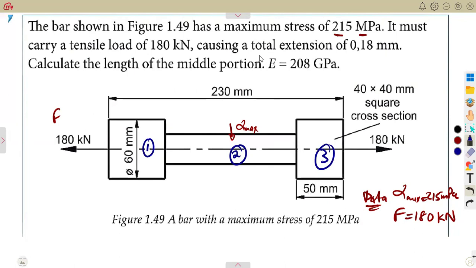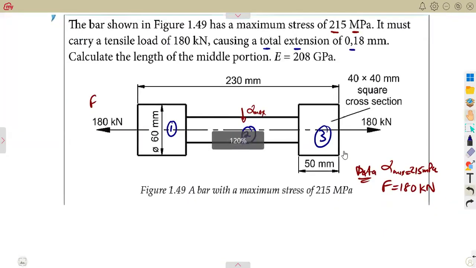Causing a total extension. They gave us the total extension this time. It is causing a total extension of 0.18 millimeters. The total. They gave us. Calculate the length of the middle portion given this E. The length of the middle portion.